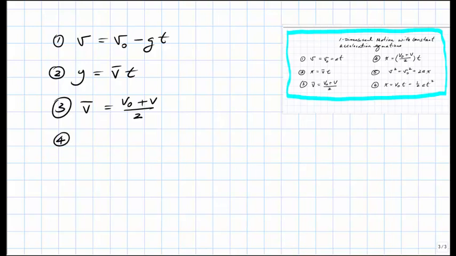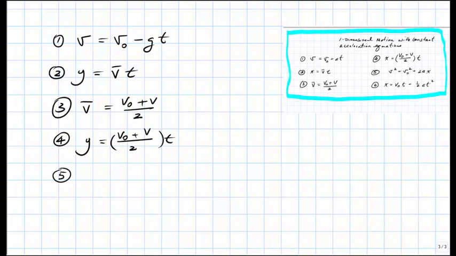Equation number 4 looks like this. x equals v0 plus v over 2 times t. We will substitute y in for x. So this equation looks like y equals v0 plus v over 2 times t.